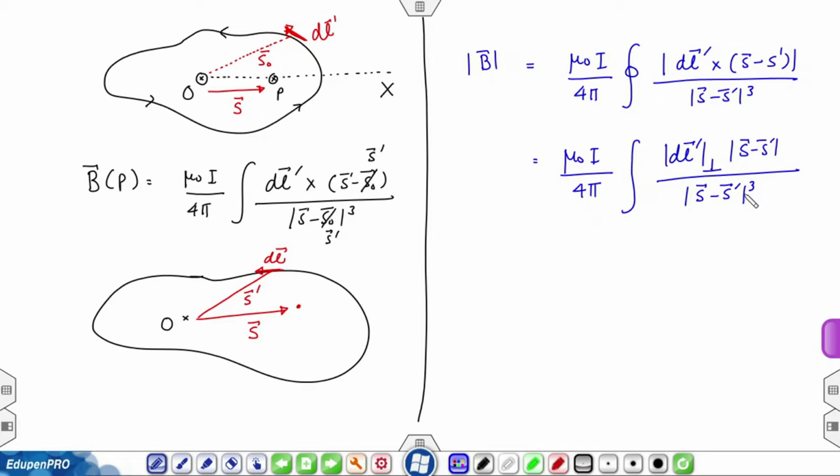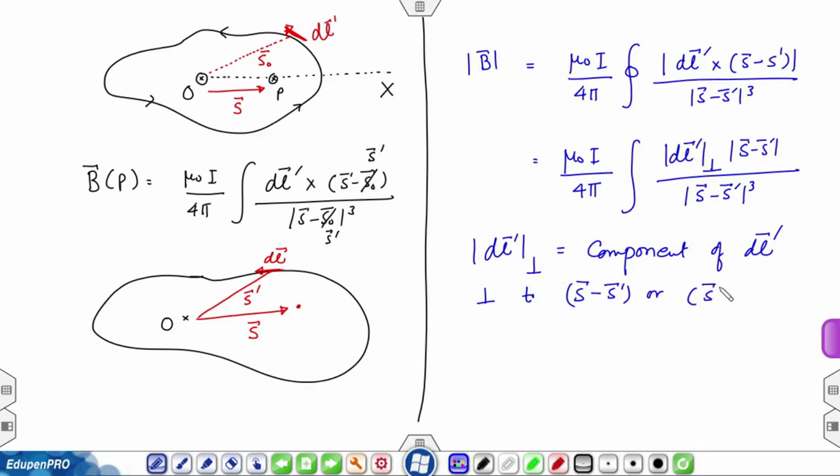And okay, that is it. Now, dL prime perpendicular is the component of vector dL prime perpendicular to vector s minus s prime, or same thing, vector s prime minus s, because we are talking about magnitude.